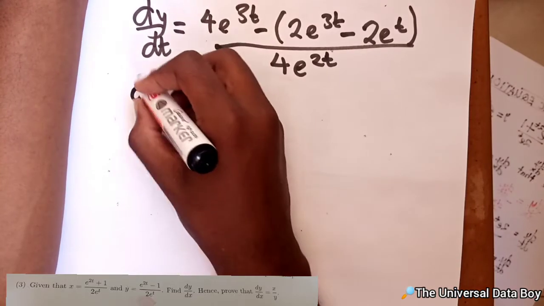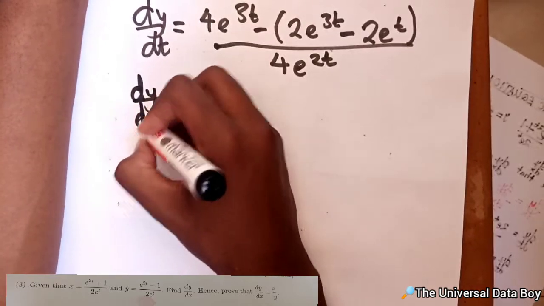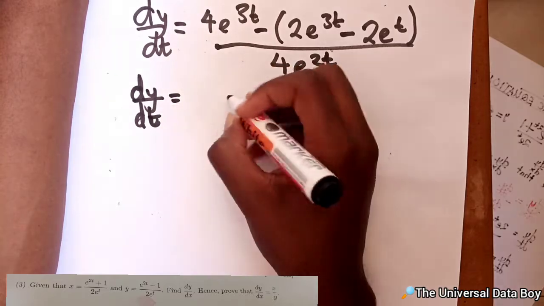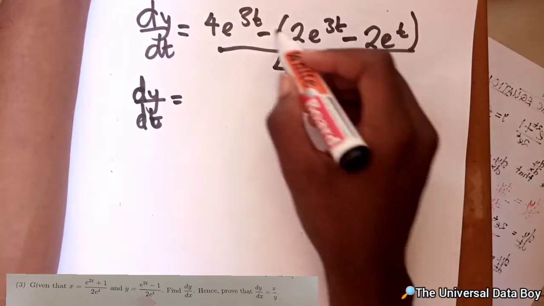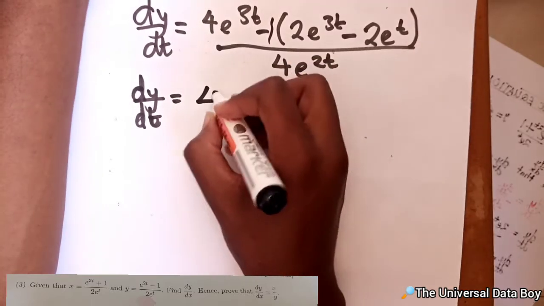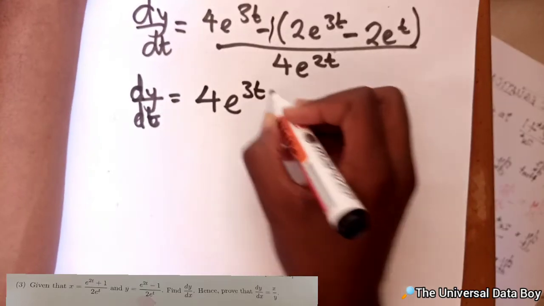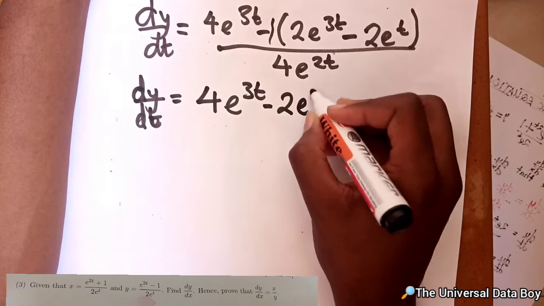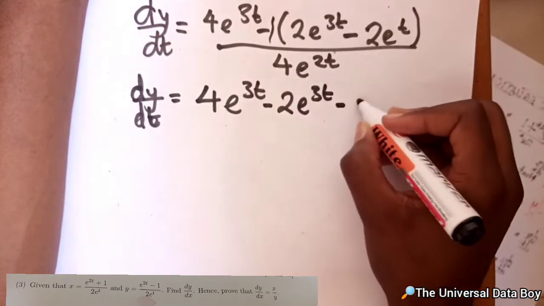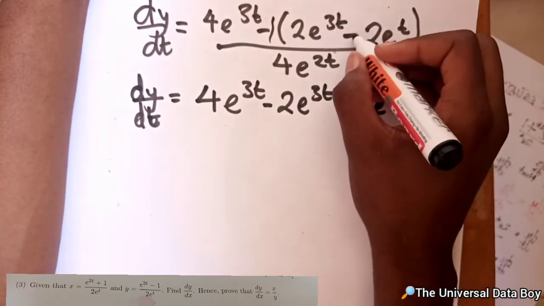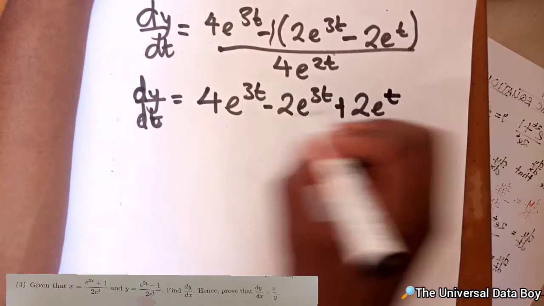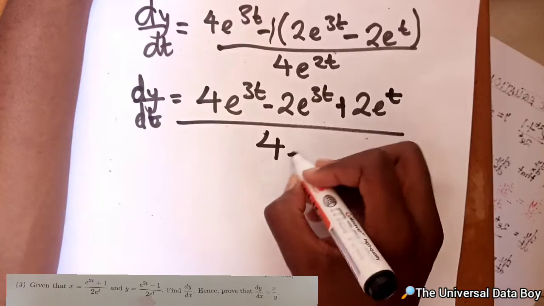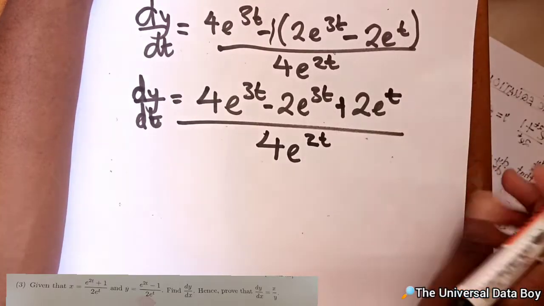We're having dy by dt equal to this. The multiplication sign is operating on this, like we have a 1 there. So I'm going to have 4e to the power 3t minus 2e to the power 3t minus 2e, oh, here is going to be plus because negative times negative is positive, to the power t over 4e to the power 2t.